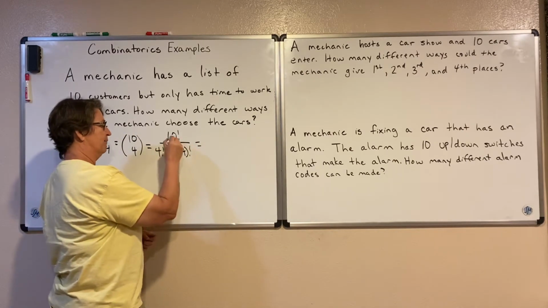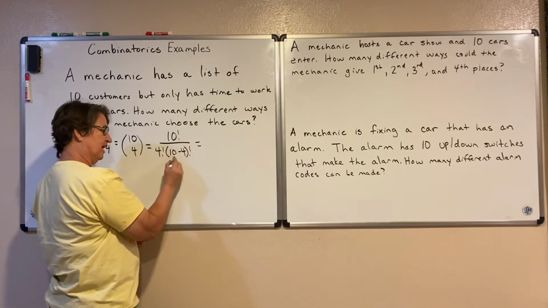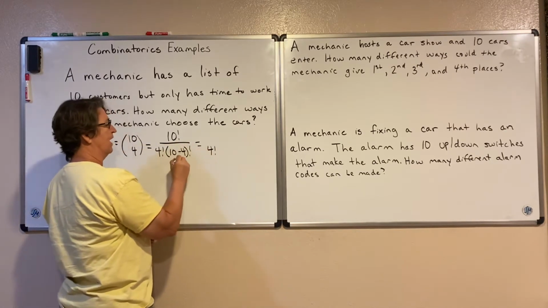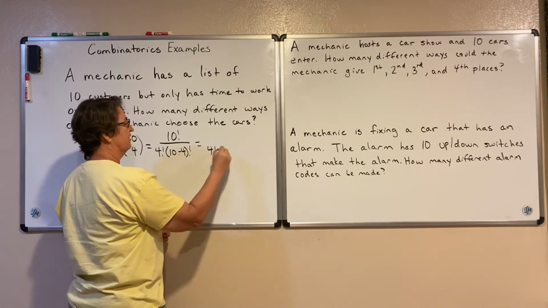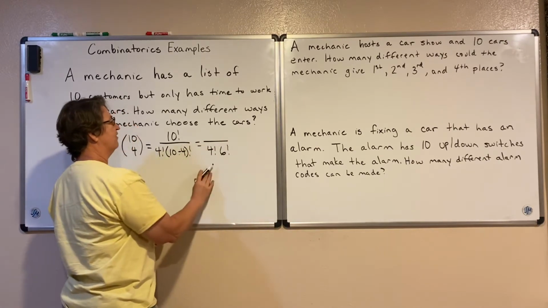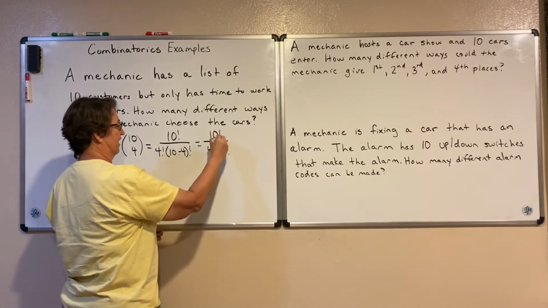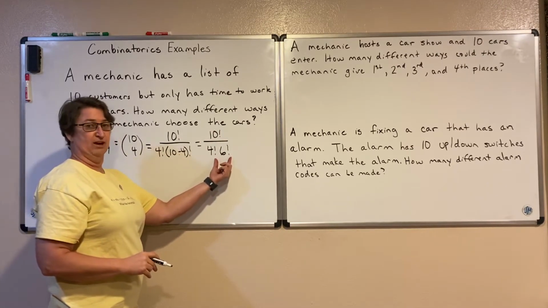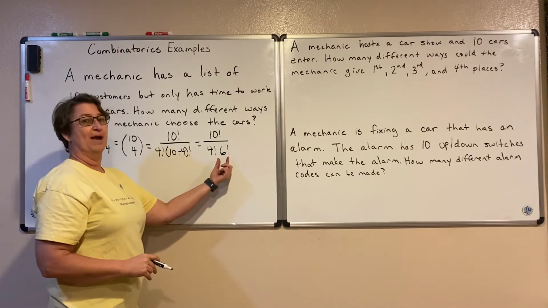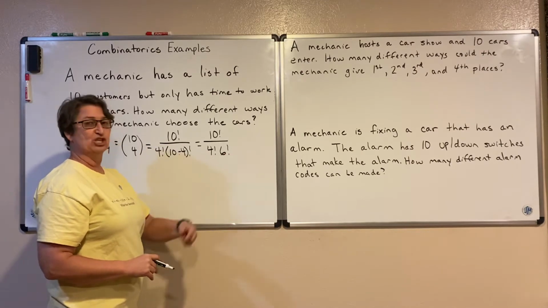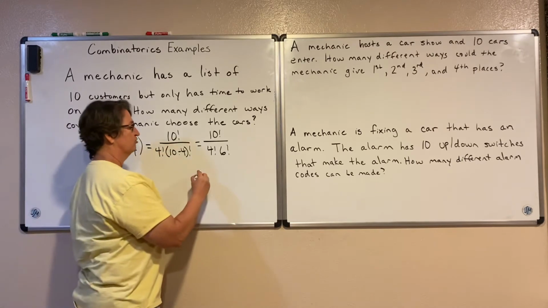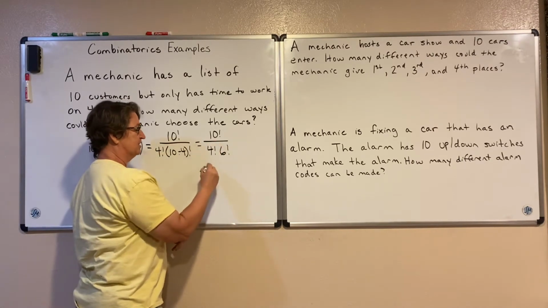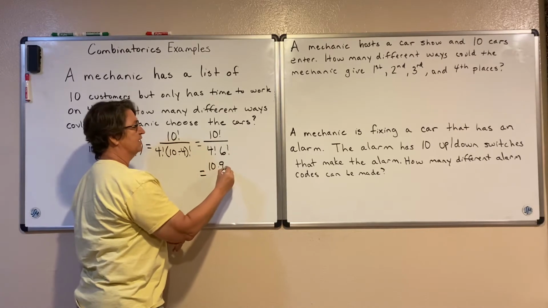Now we simplify. Let's start inside the parentheses. So inside the parentheses first, 10 minus 4 gives me 6 factorial. And then on top, I have 10 factorial. Remember, I can't multiply this until I take care of the factorial. That factorial is an operation I have to take care of next. So I have on top, 10 times 9 times 8.